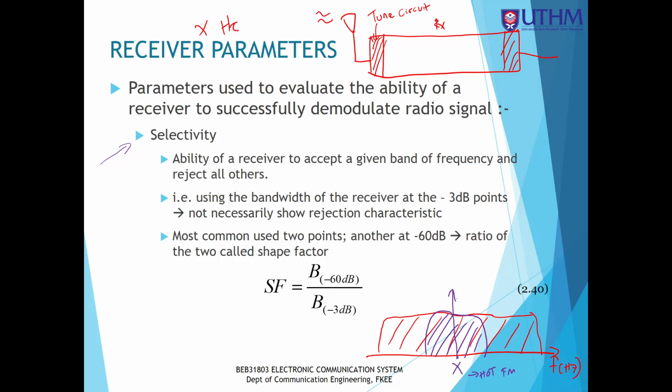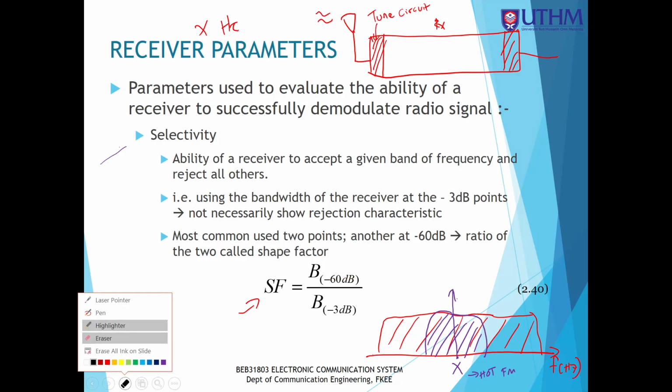Okay, so there are parameters for the selectivity. The first one is what we call the shape factor. Shape factor is defined as the bandwidth of minus 60 dB divided by the bandwidth of minus 3 dB. This is hertz divided by hertz, so there is no unit for the shape factor.